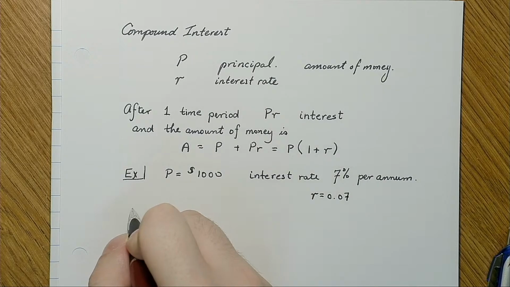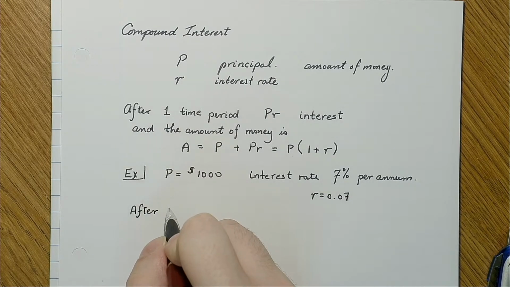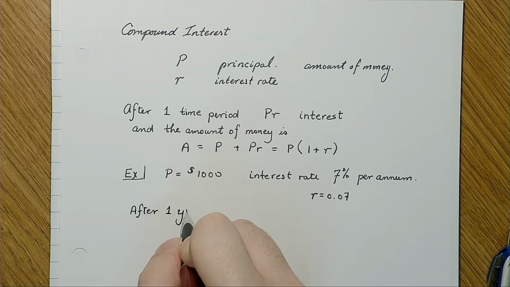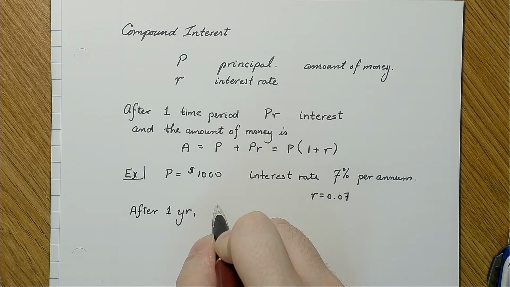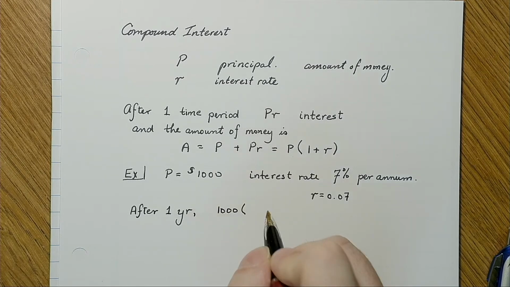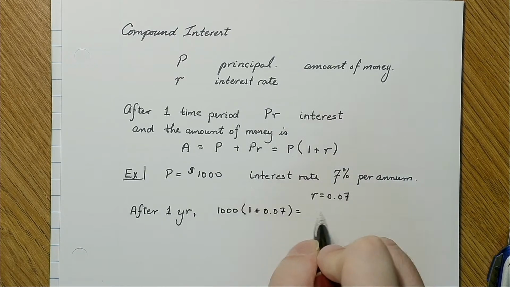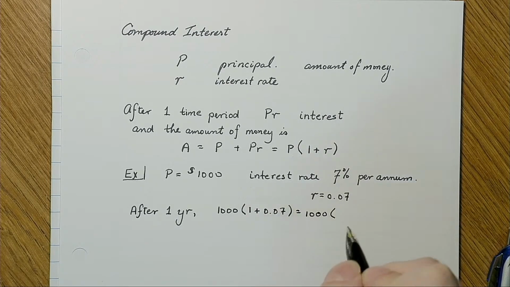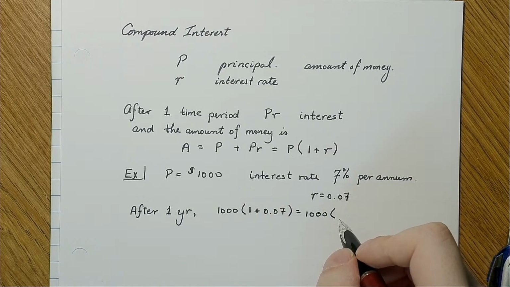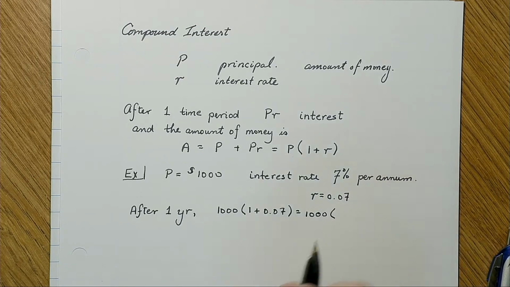That means that after 1 year, that would be 1,000 times 1 plus the interest rate, giving just better than 7.